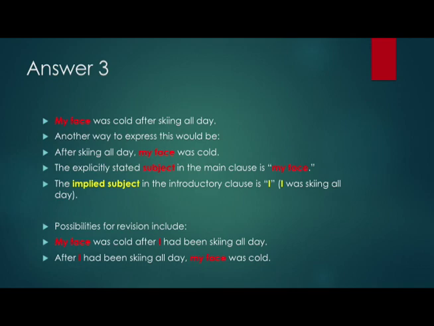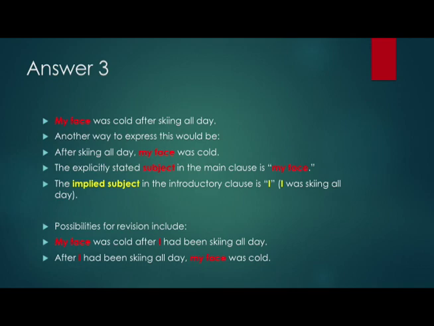So, the subject that is explicitly stated in the main clause is my face. The implied subject in the introductory clause is I. I was skiing all day. So hopefully this is not a question of my face skiing all day. That would not be good. Okay, so we have to clarify that.